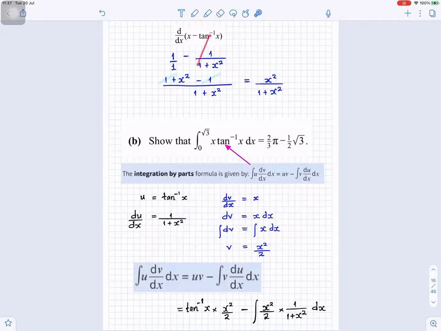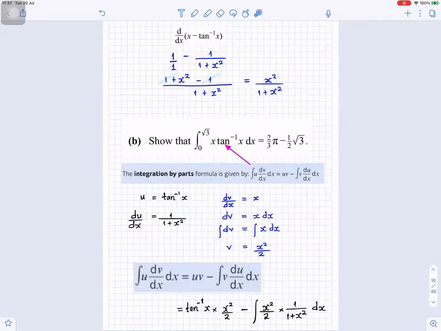We've done that earlier. If we put dv over dx equals x, dv would be x dx. And the integral of dv will be the integral of x dx. So v would be x squared over 2.